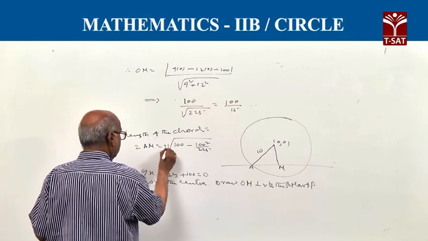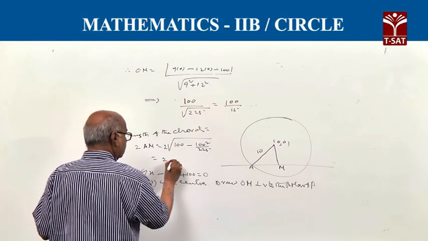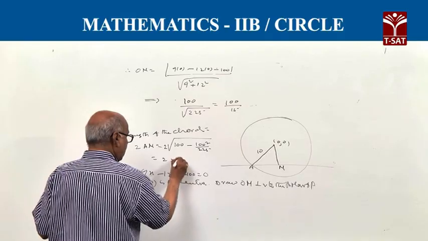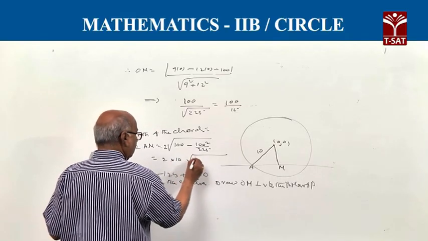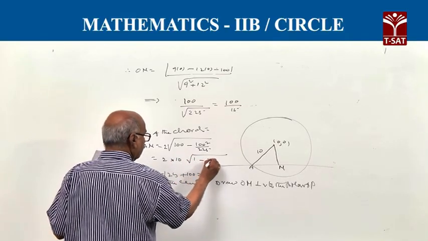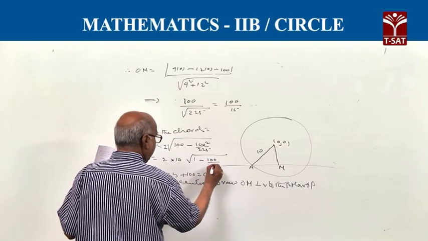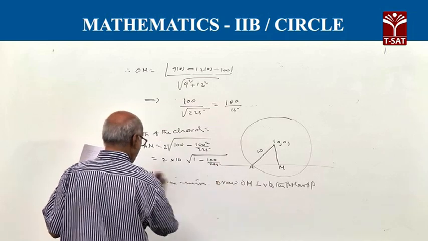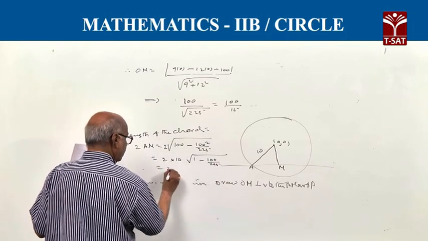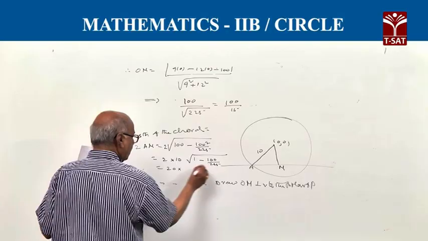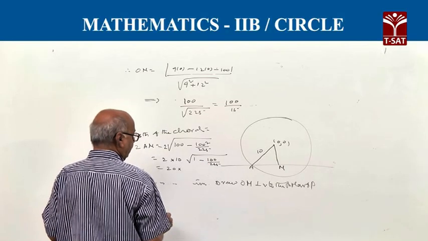So 2 into 10 into the square root of 1 minus 100 by 225. So that is 20 into the square root of (225 minus 100) by 225, that is 125.